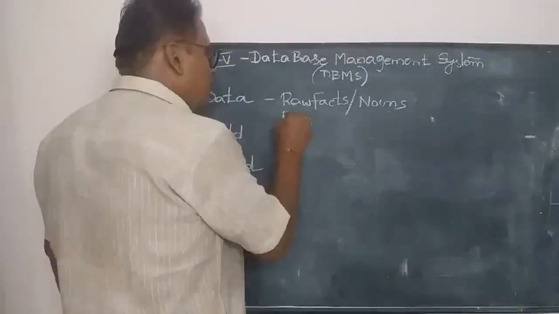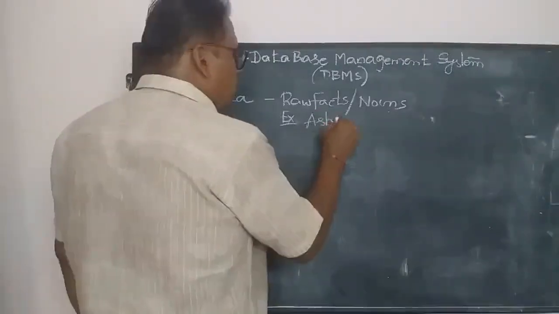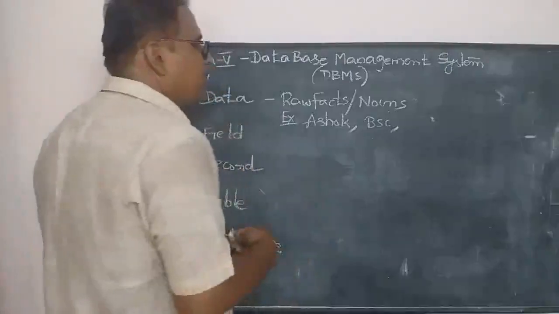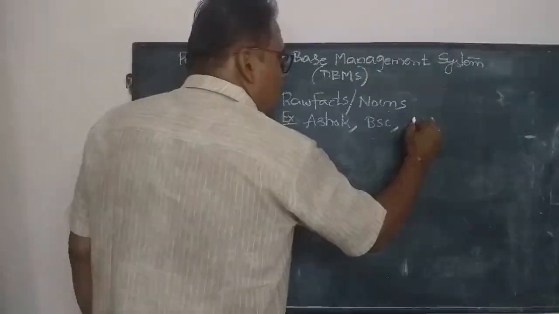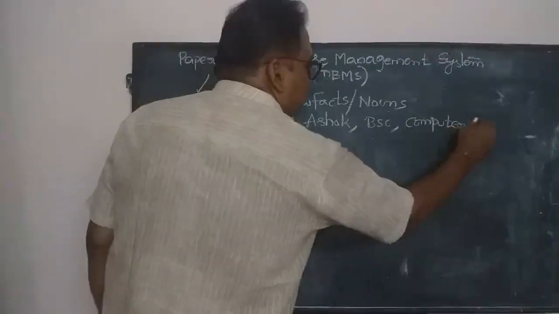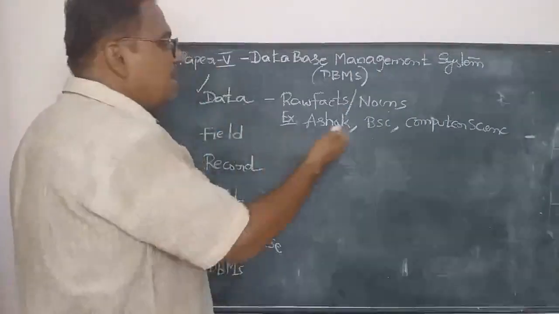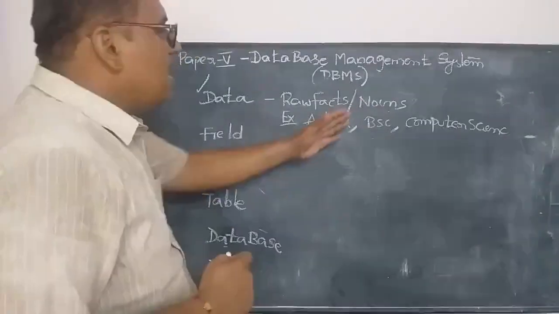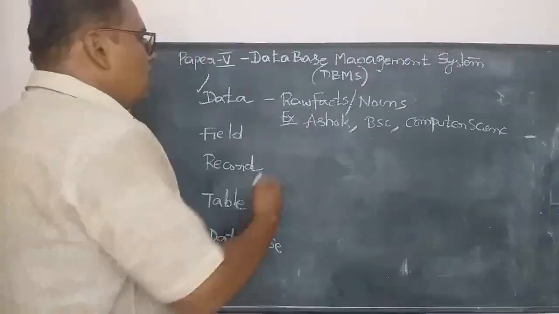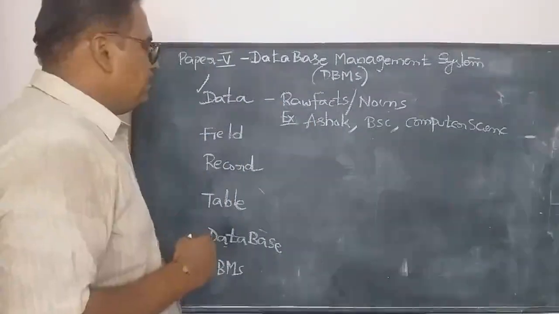For example, Ashok, BSc, Computer Science. These are all nouns. Nouns are nothing but the names of things. So, raw facts or nouns can be called data.